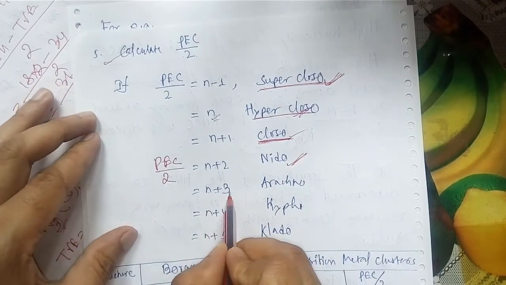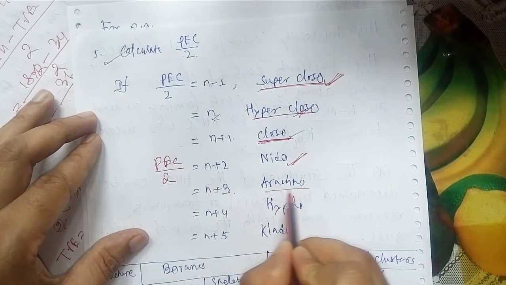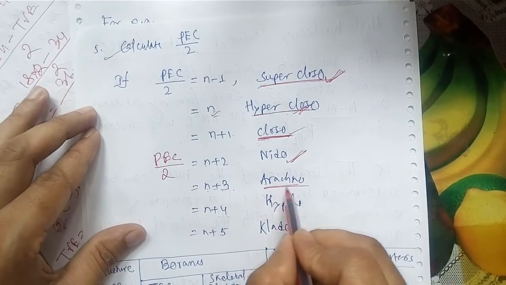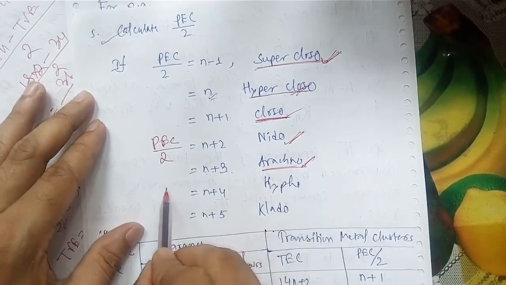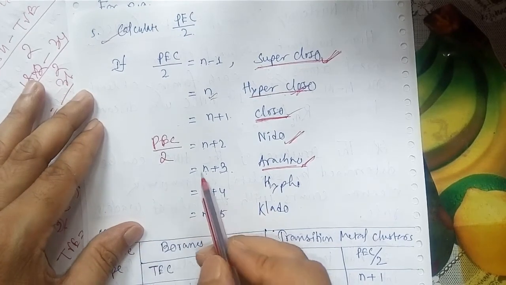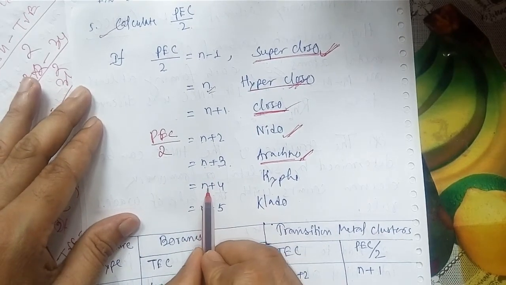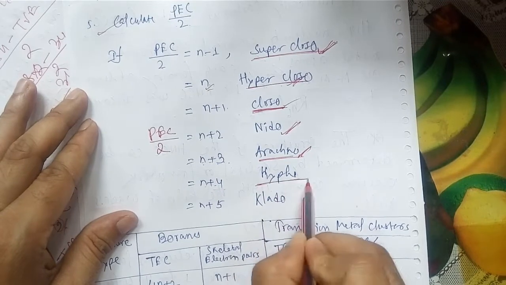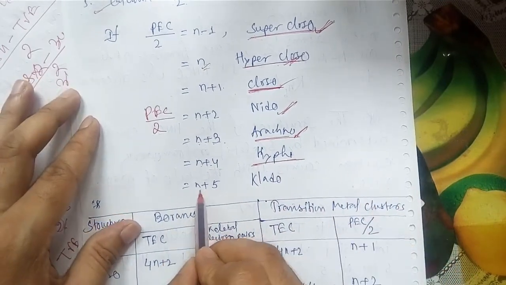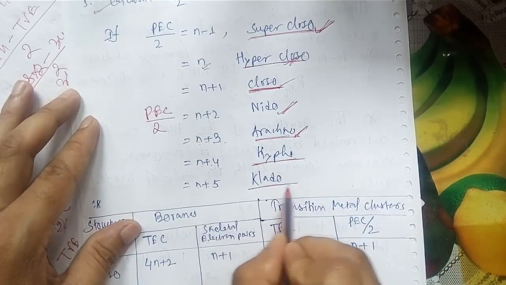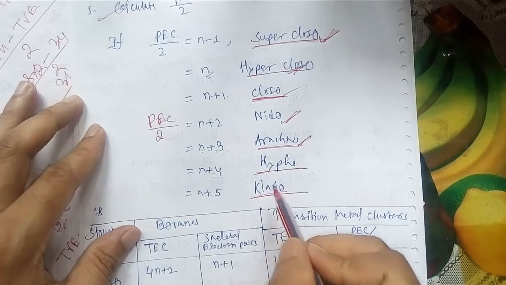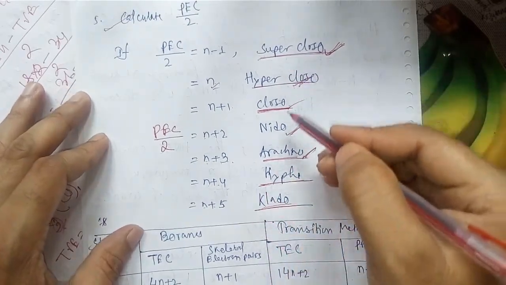If n plus 3, you can call it arachno. If n plus 4, this one is called hypho. Then n plus 5, this one is called klado. So these are the formulas.